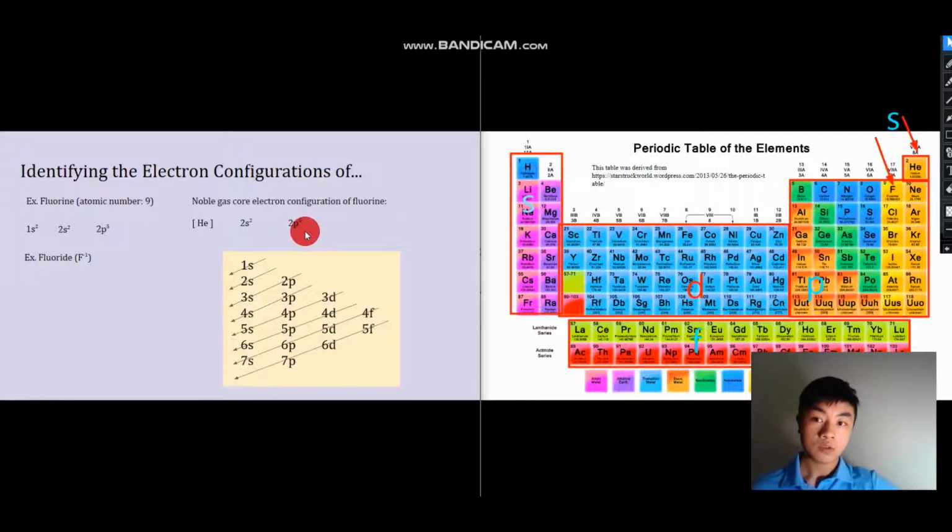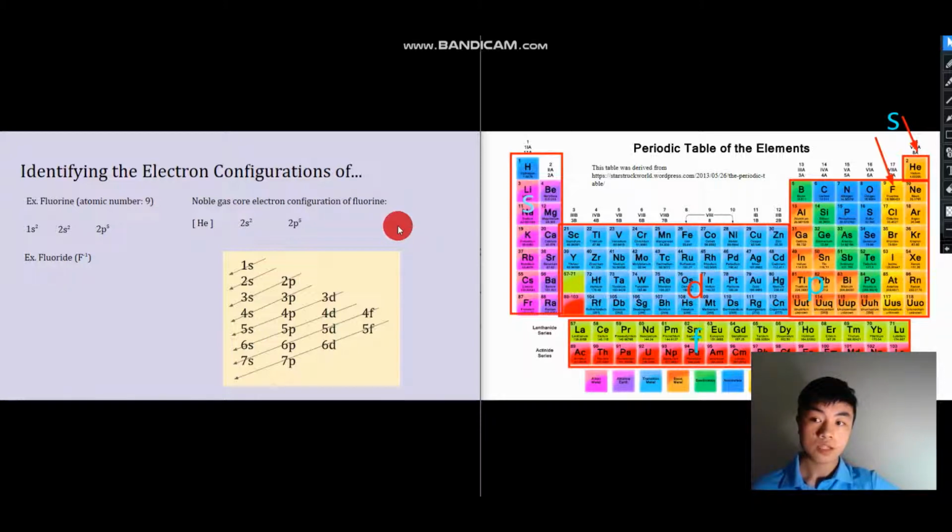And the noble gas core electron configuration of fluorine is going to be helium 2s2, 2p5. The reason why we can replace 1s2 with helium is simply because helium has the electron configuration of 1s2. So this rule is implying that helium is just the same thing as 1s2, which is true according to our electron configuration on the periodic table.